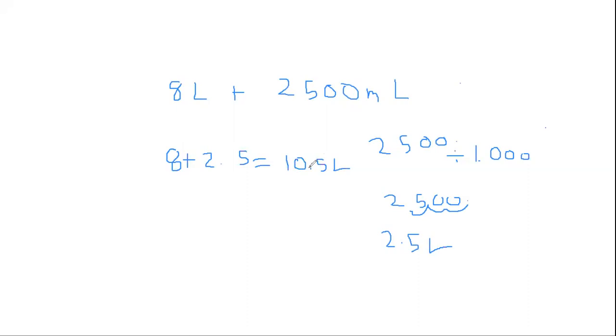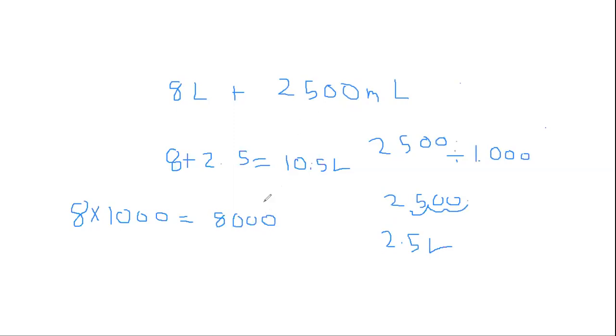Or I could have changed this first into milliliters. So I say 8 multiplied by 1,000. I would have changed this into milliliters quickly. But this is just if you're too scared.